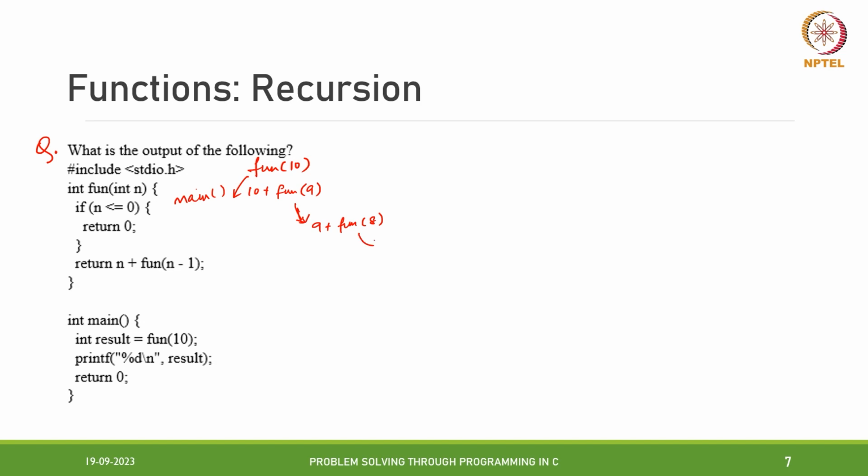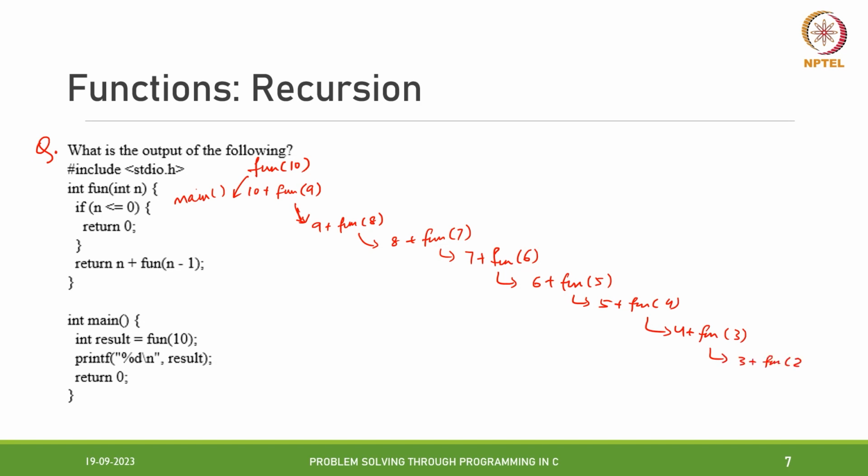This will try to get the value of 8 plus fun of 7. Similarly, 7 plus fun of 6, 6 plus fun of 5, 5 plus fun of 4, 4 plus fun of 3, 3 plus fun of 2, 2 plus fun of 1.